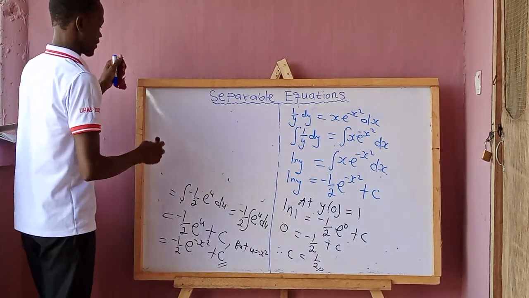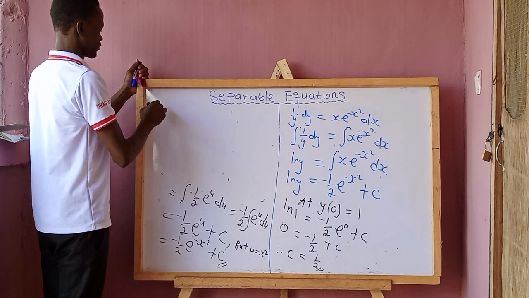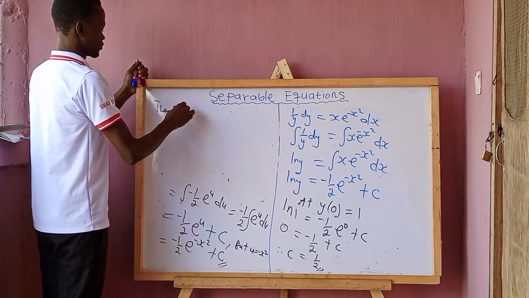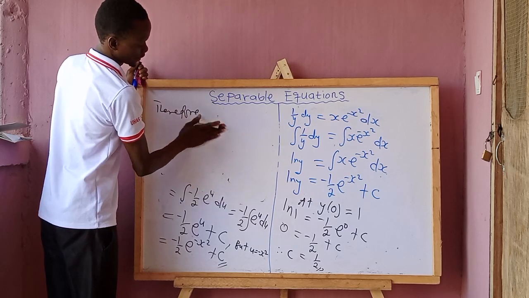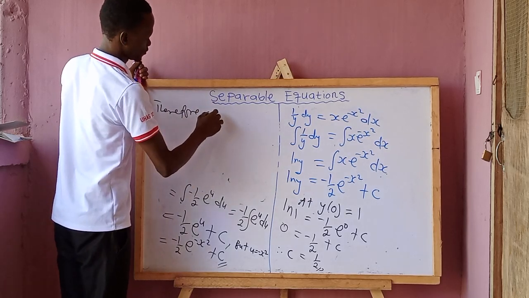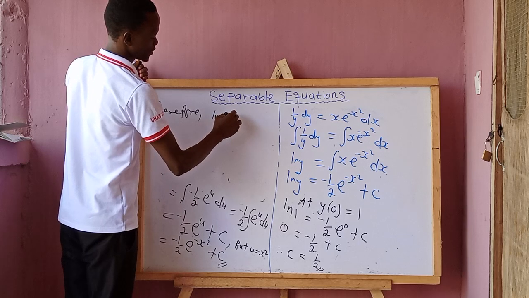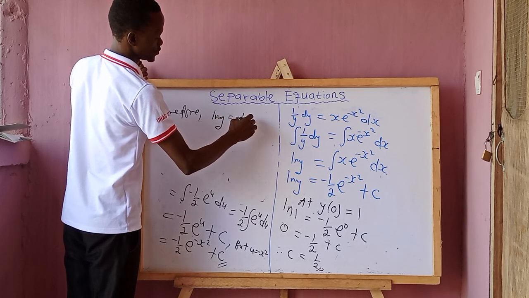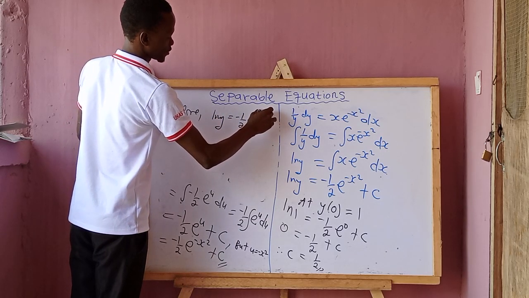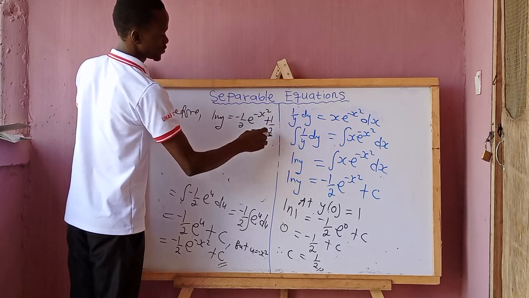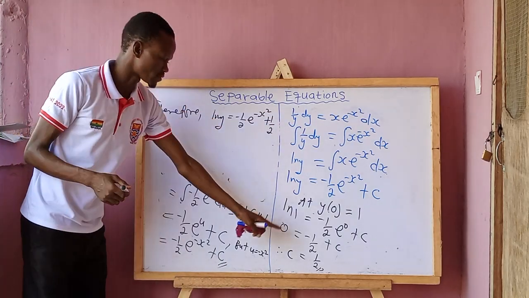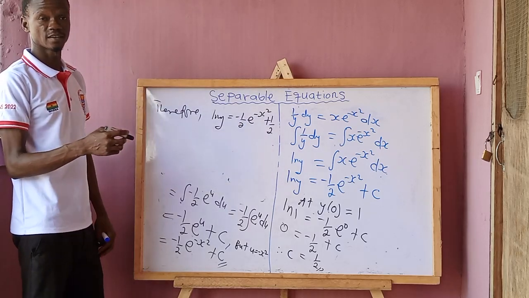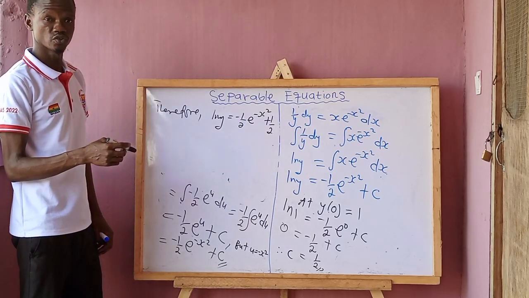We conclude that ln y is equal to negative 1 over 2 e raised to the power negative x squared plus half. And c is half, so this is the particular solution.